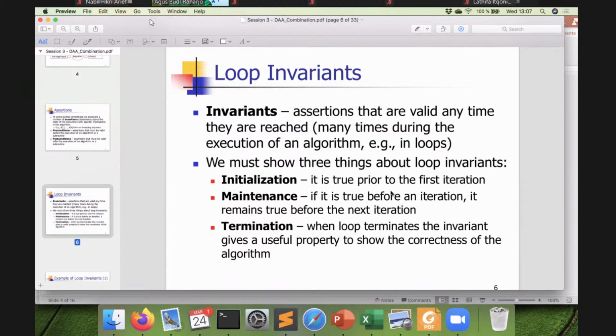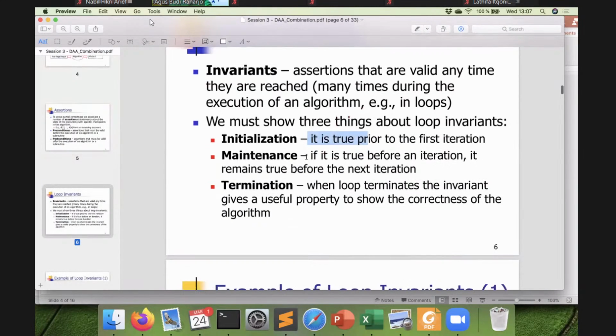Initialization: it's true prior to the first iteration. So before we iterate the data, the input, it has to be true. Followed by maintenance: at the end of the current iteration, it must be true also. And at the end, termination: when the loop terminates, the invariant gives a useful property to show the correctness of the algorithm. So at the end, it must be true, absolutely.